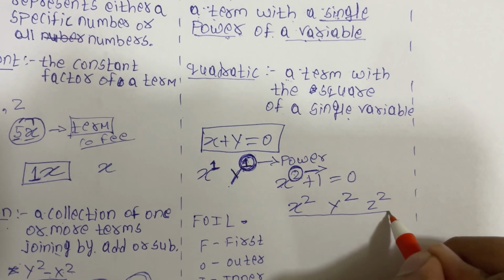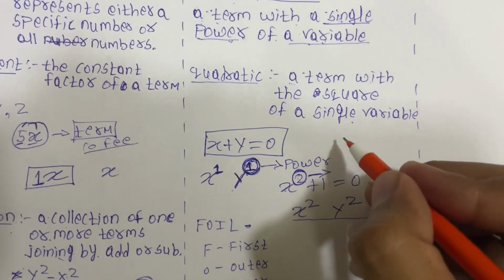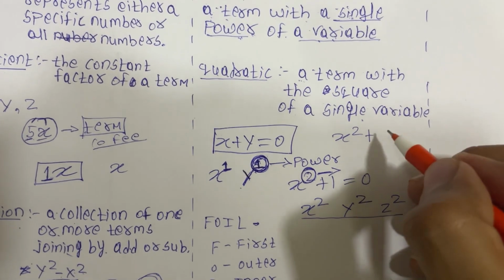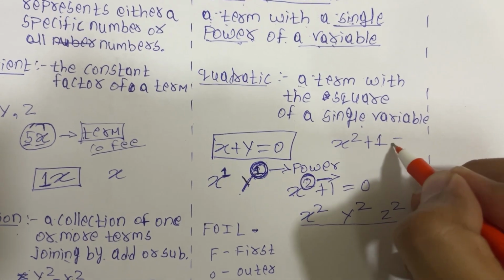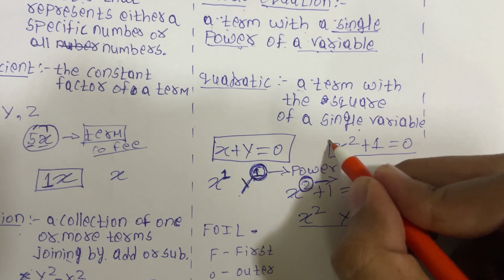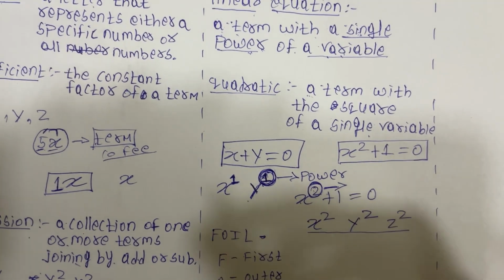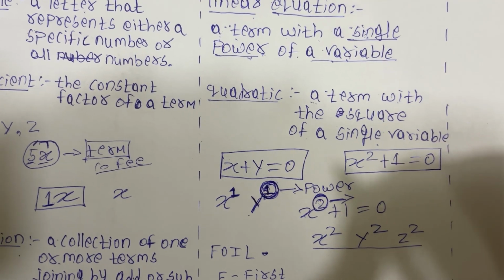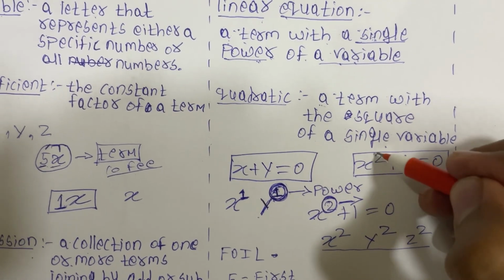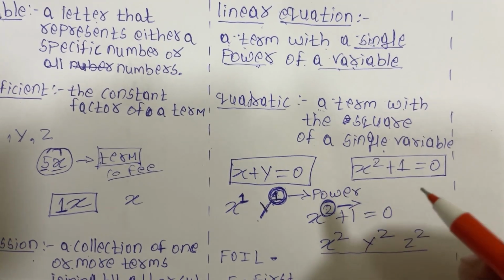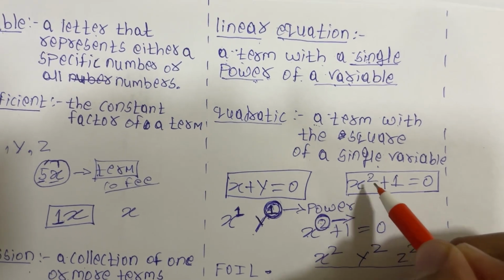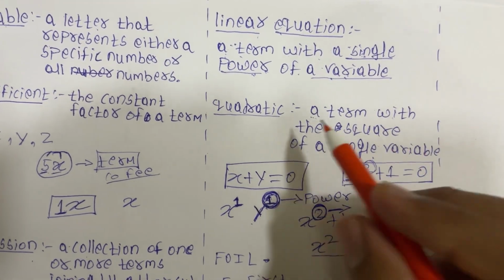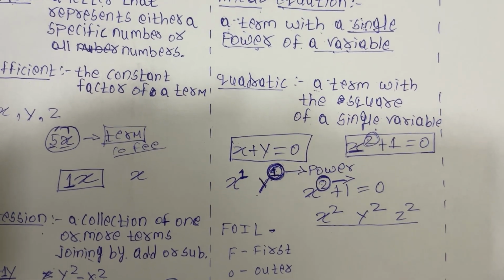If we combine these with expressions, then it will form a quadratic equation. So quadratic equations are equations having a term with the square of its variable.